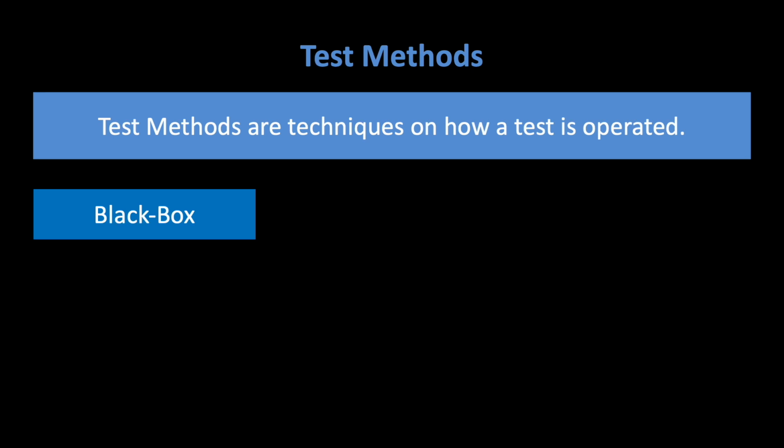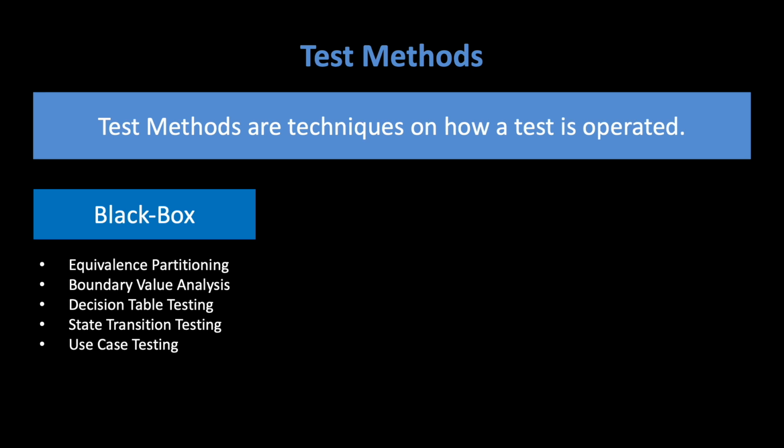Starting with black box test methods, those are tests where you have a component or a system and you're not familiar with the inner operations of it. So you need to use other methods to check if the system behaves correctly. And here are various methods listed.